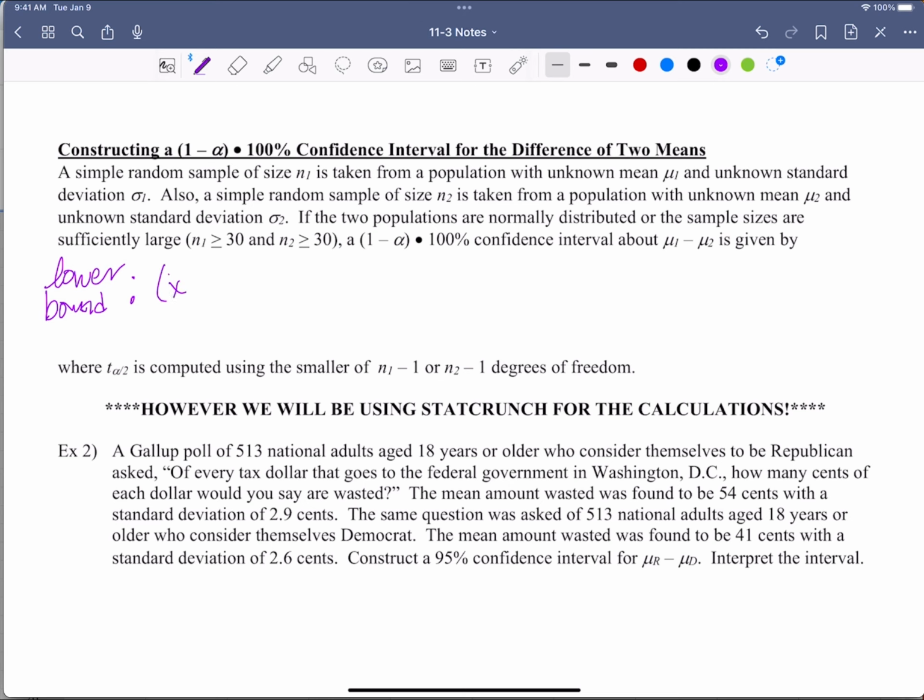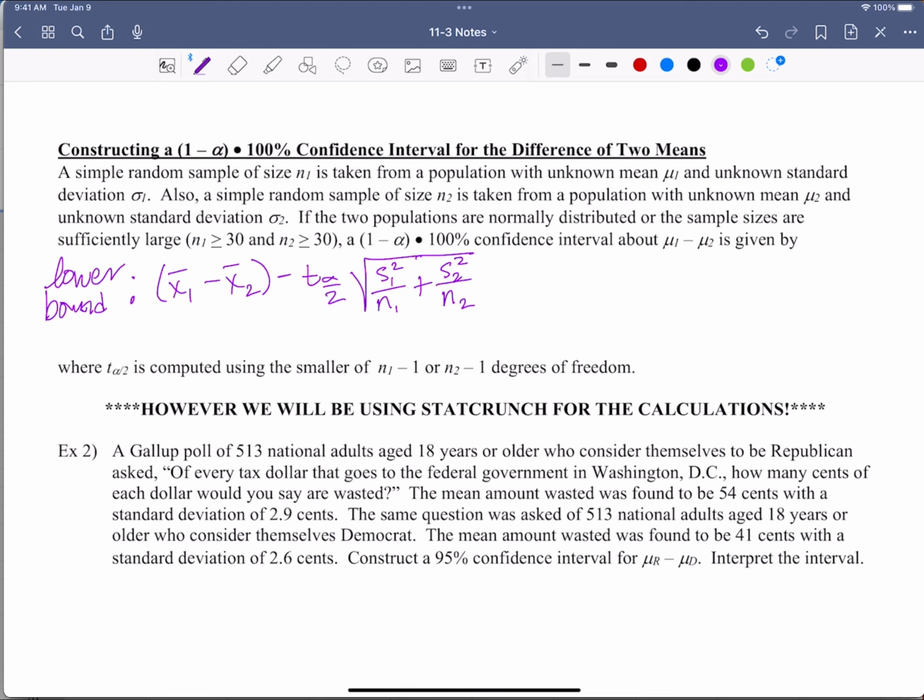So the sample mean of the first one minus the sample mean of the second one, minus the critical value that we have times the square root of the first standard deviation squared over the number in the sample, plus the second standard deviation squared over that number in the sample. That's the lower bound. You have to have info for each one.